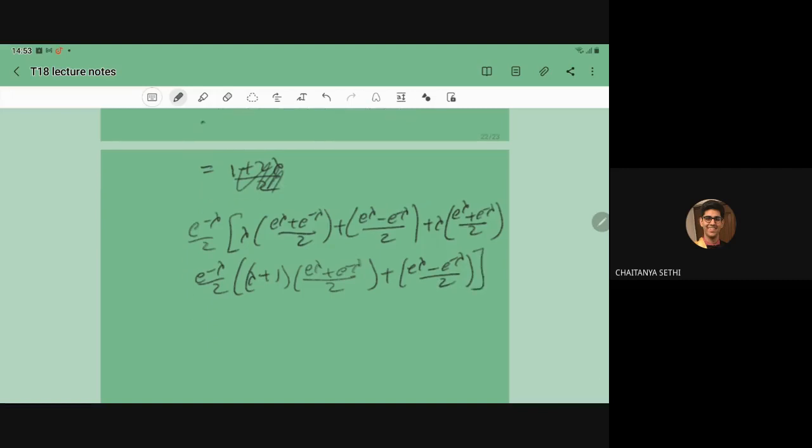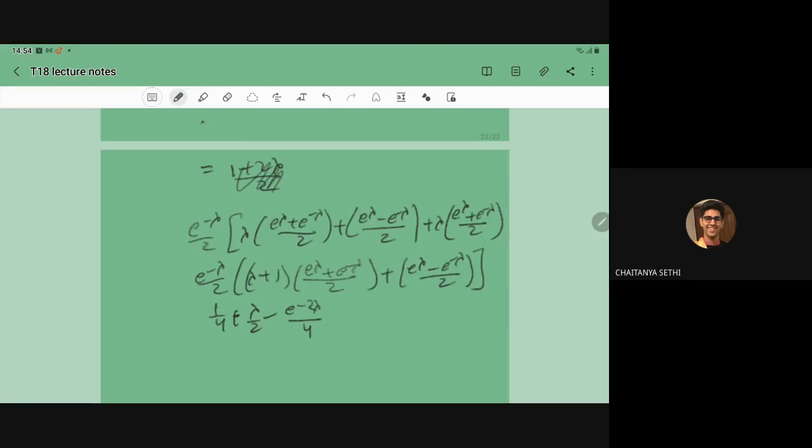If you want, you can write it in the simplified form: 1 by 4 plus lambda by 2 minus e to power minus 2 lambda by 4.